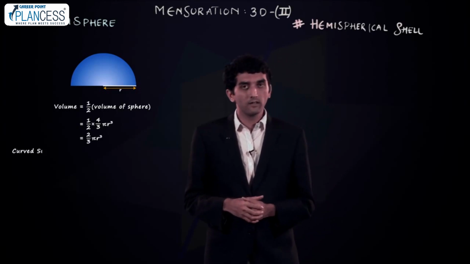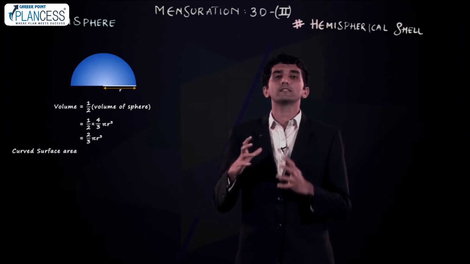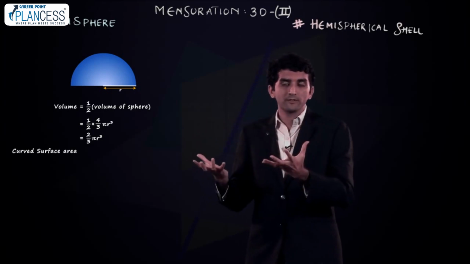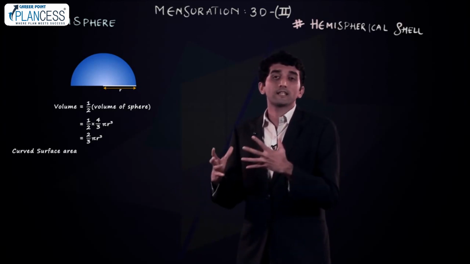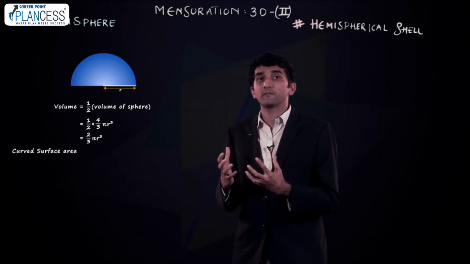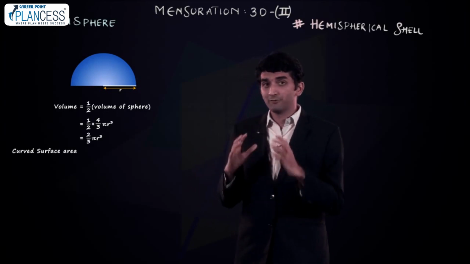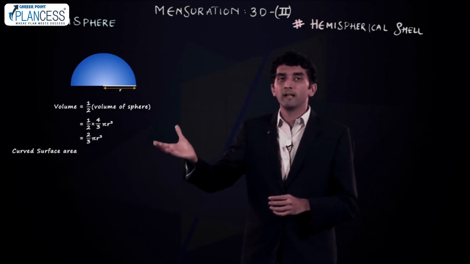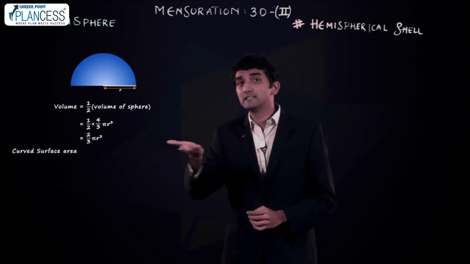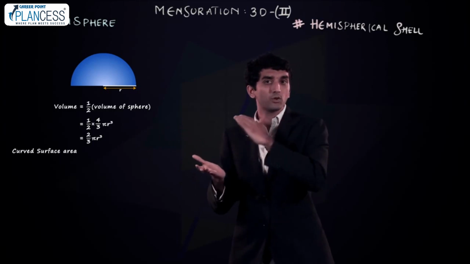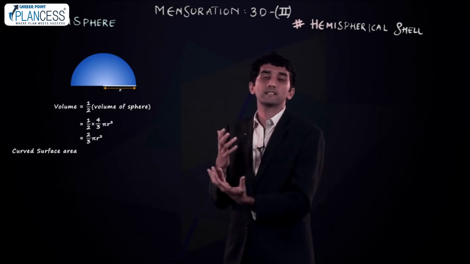Secondly is the curved surface area. Now a sphere has a surface area which is the outer surface area, because a sphere has an outer body, right? Inside it's a complete solid. So when we talk about surface area for a sphere, it is 4 pi r square. But if you notice, a hemisphere has a curved surface area plus it has a base area as well, because when you cut a sphere into half, you are exposing one base circle as well.